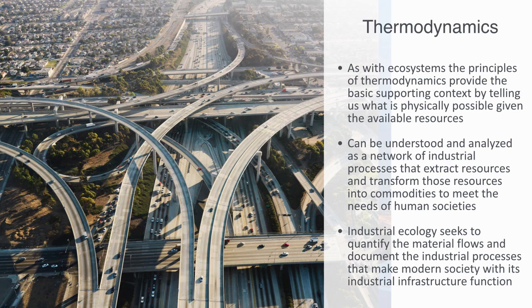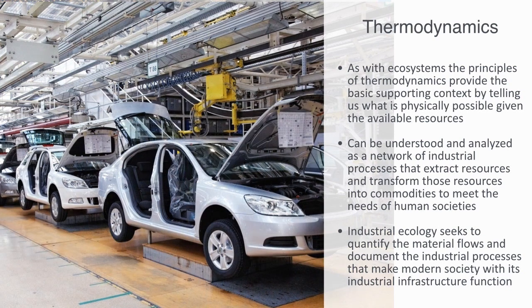This flow of resources is also called an industrial metabolism. The idea of an industrial metabolism was first proposed by Robert Ayres. It can be understood as the total use of materials and energy throughout an entire industrial process, such as manufacturing a car or producing a liter of milk.